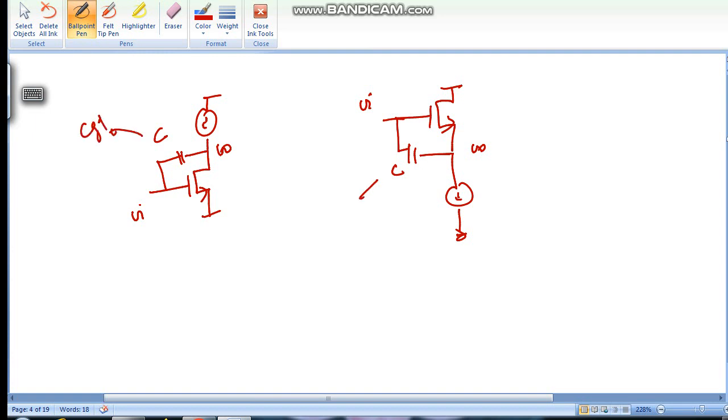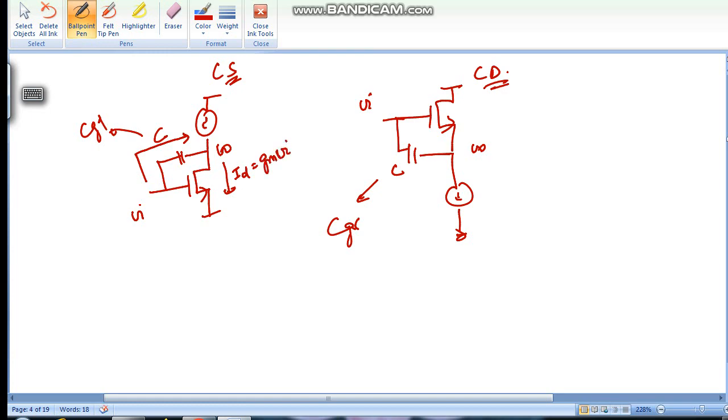This is the cap between gate and source, CGS. Now this is the common source configuration, this is the common drain configuration.